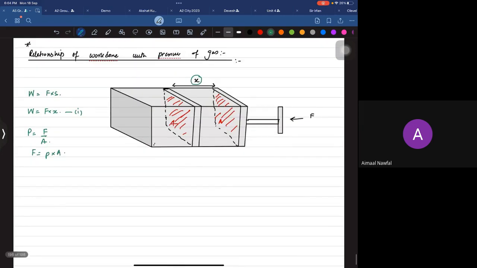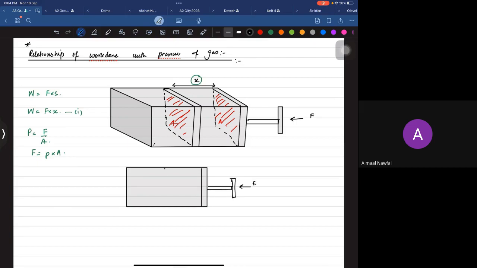Now, if I draw a 2D diagram of this, like that, what you should understand is that it was here initially, and we were forcing it inwards here.